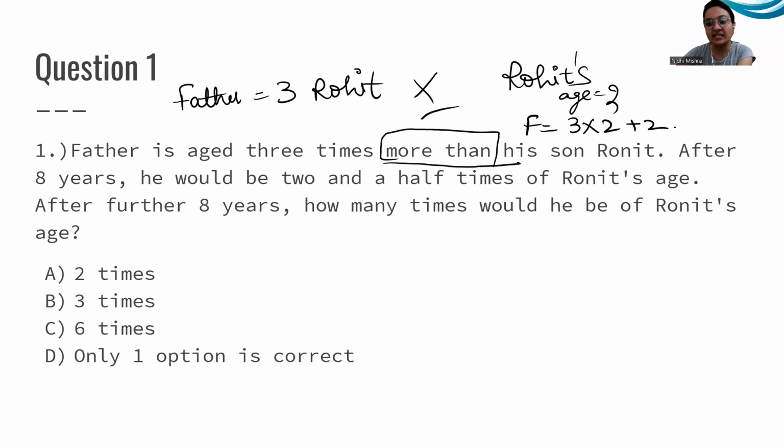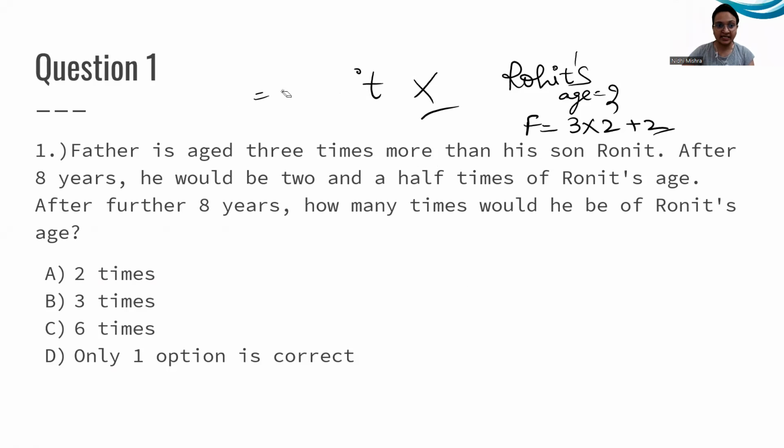Rohit's age is already there. So father's age is Rohit's age plus 3 times of Rohit's age. That's what is written. It's very important. Many of the students must have made the mistake here. I can understand, because this is the tricky part in this question.